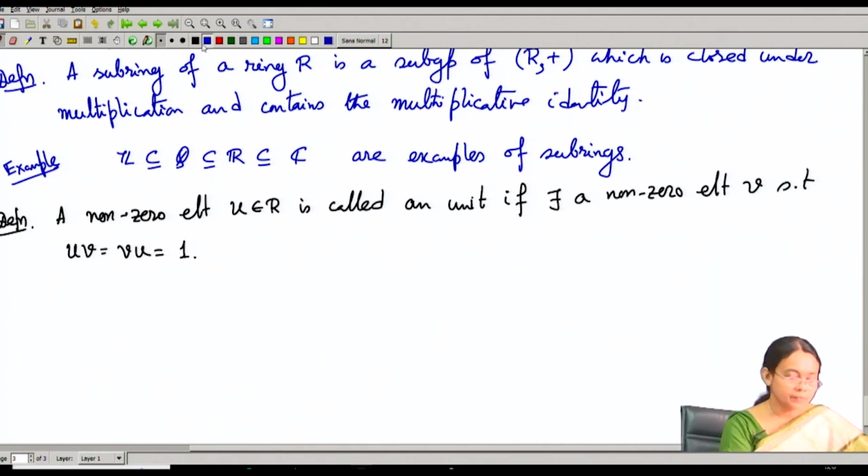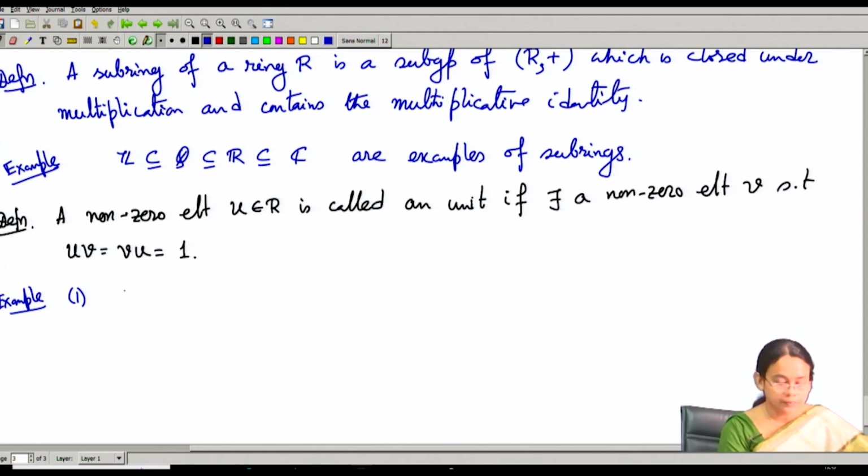So, let us see examples of units. In the ring of integers only two elements have a multiplicative inverse, one is 1, another one is -1.